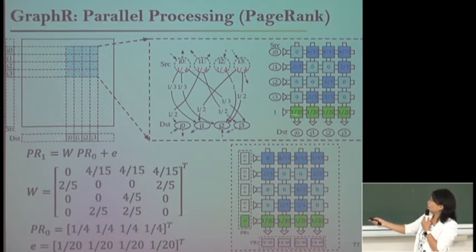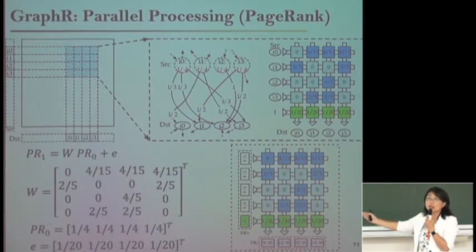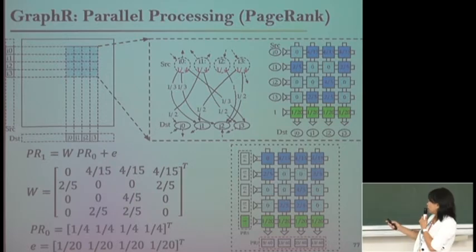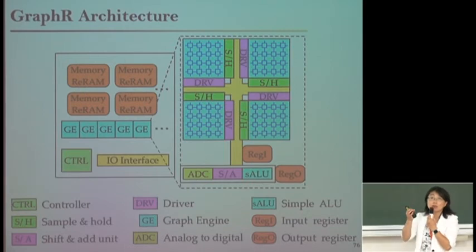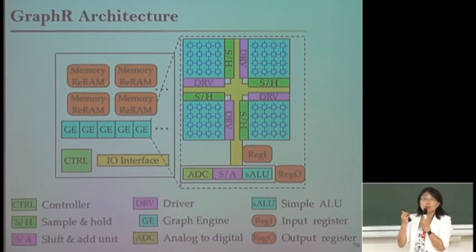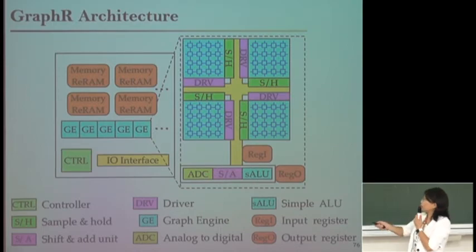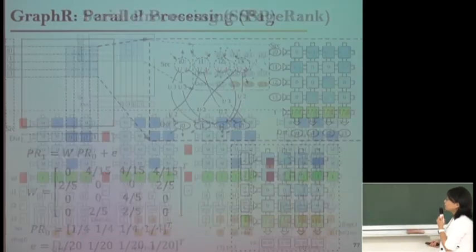If it is very large, then we need to partition it into several sets, and use the shift and add units and simple ALUs to consolidate the computation results from different crossbar arrays. That's why we have this, in order to handle bigger data sets.